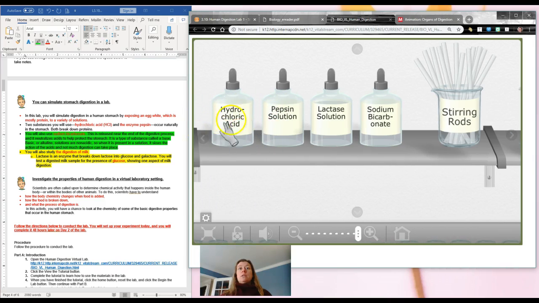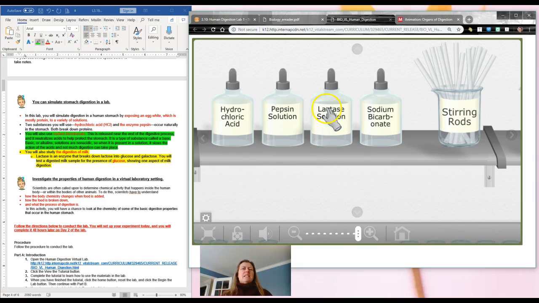So here they are. This one and this one are what you would naturally find in your stomach. They are good at breaking proteins down. And then it says sodium bicarbonate, which is this one, neutralizes the actions of these 2. So keeping that in mind, that would make these 2 not reactive, because it neutralizes them.